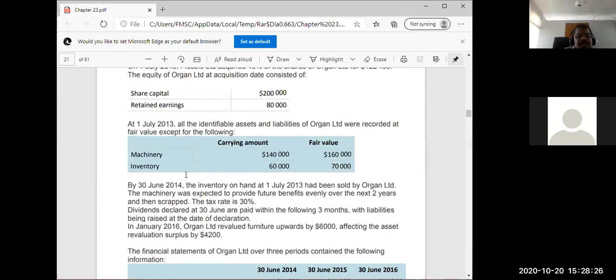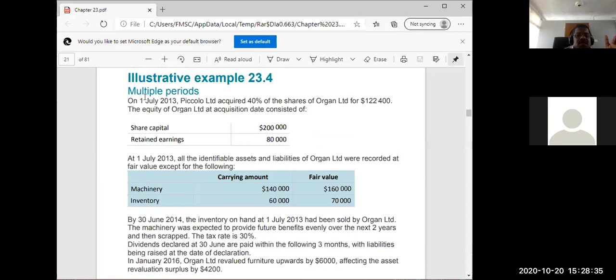Also you can see 30th June 2014, that is the year end of the first year, because our acquisition date is 1st July, the beginning of the year. Now June 2014 is the end of the year. The inventory on hand on 1st July 2013 had been sold by Organ Limited. The machinery was expected to provide future benefits evenly over the next 2 years, then scrap.